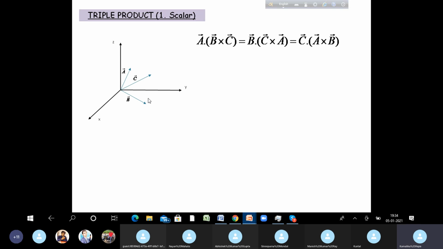If you are leaving aside A for the time being, and taking just B cross C, then B cross C will be the parallelogram of which B and C form the sides.